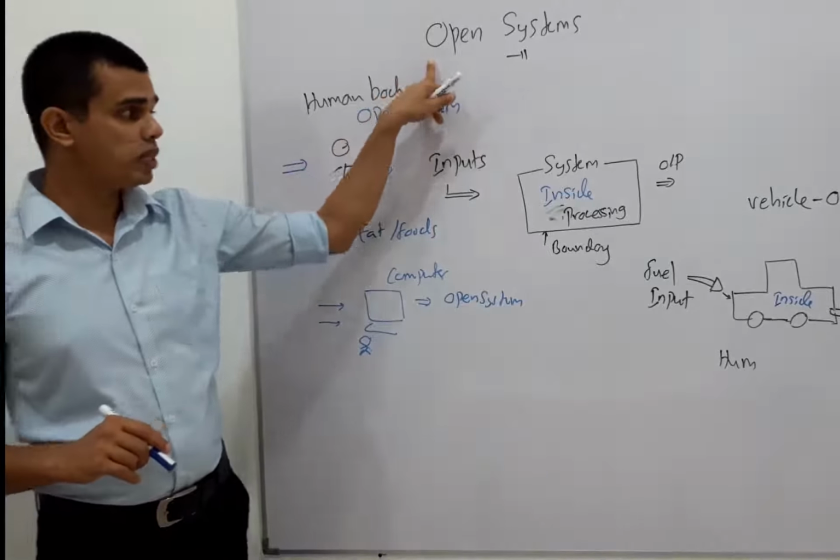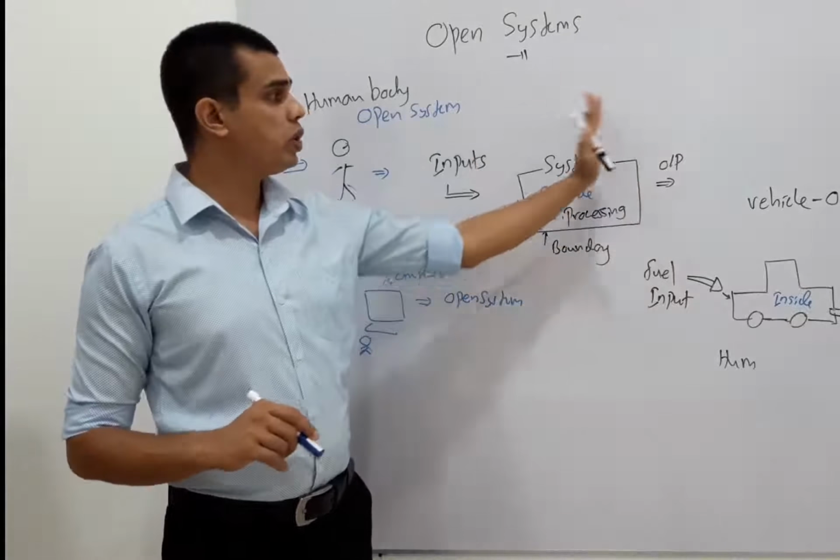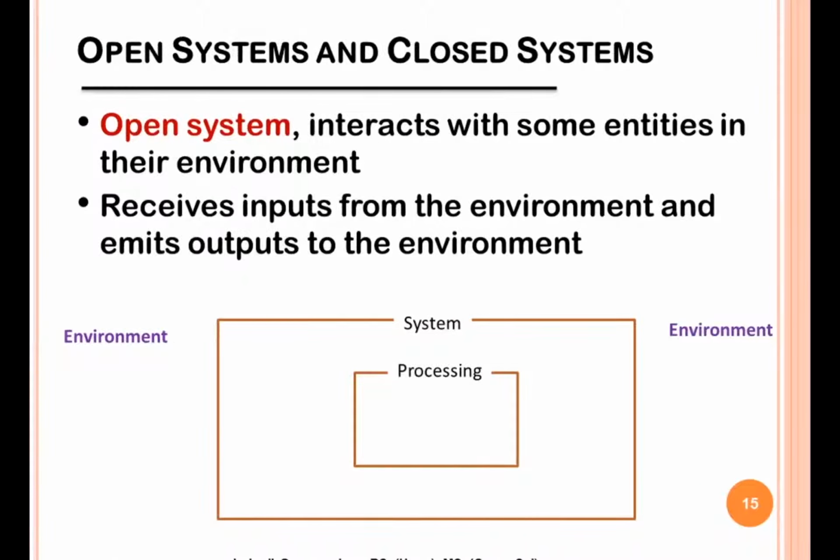Just learn that in an open system, the inputs and outputs go beyond the system boundary. Open systems take inputs from the environment outside the system boundary. Then the processing takes place within the system, a certain level of processing depending on the system, and after preparing the outputs, they are given outside the system boundary. That's the nature of an open system.